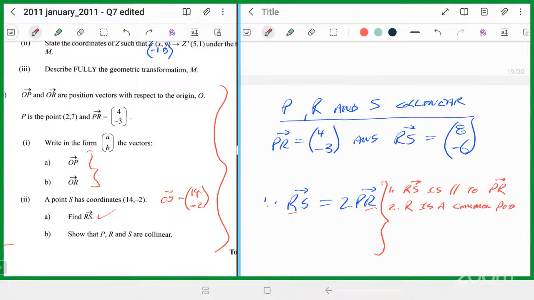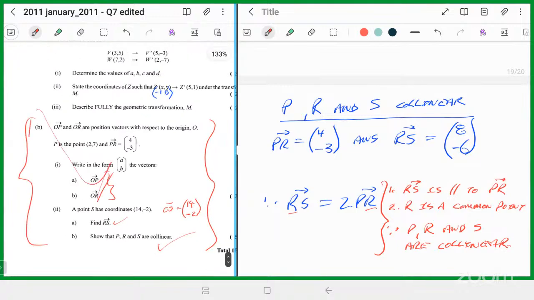Because these two things happen, we can draw the conclusion that the points P, R, and S are collinear. That is it. Very good. All right, that finishes that one.